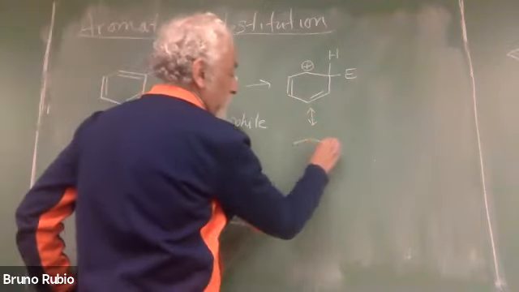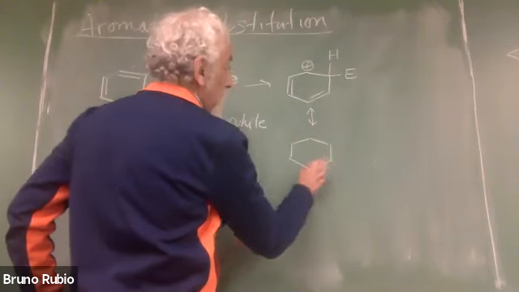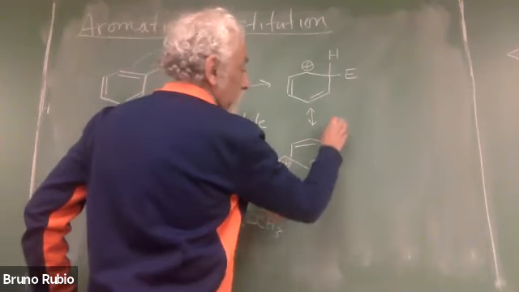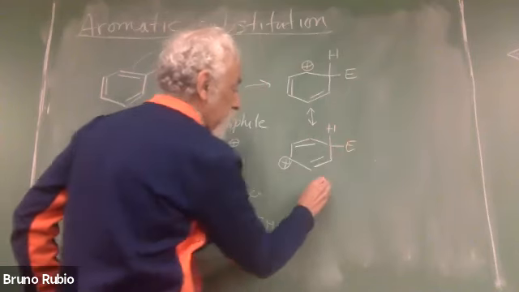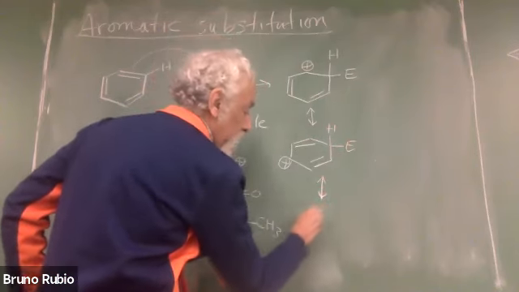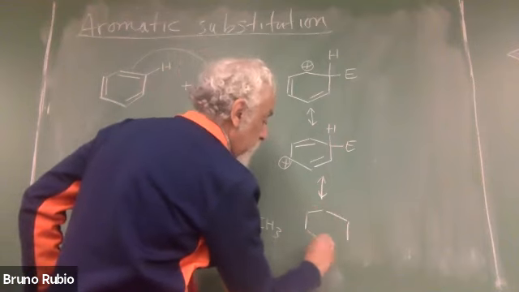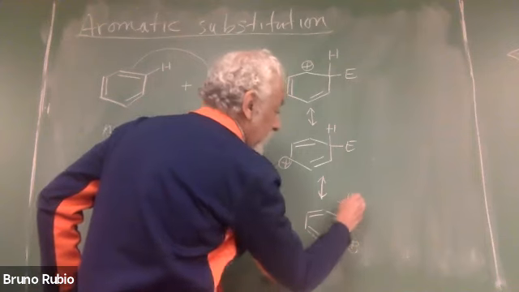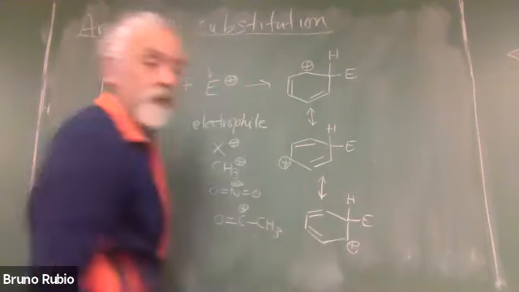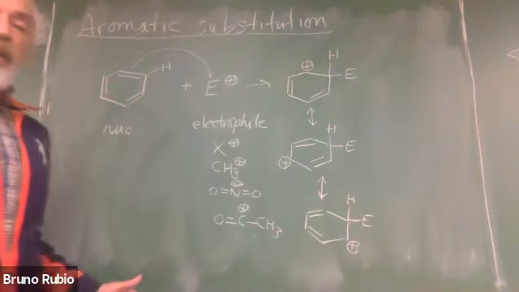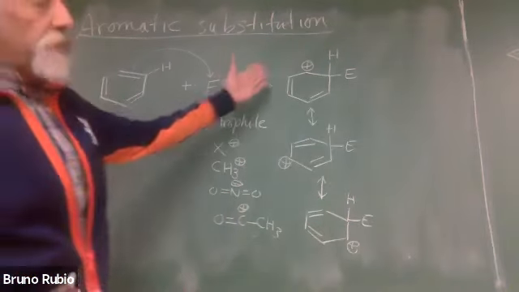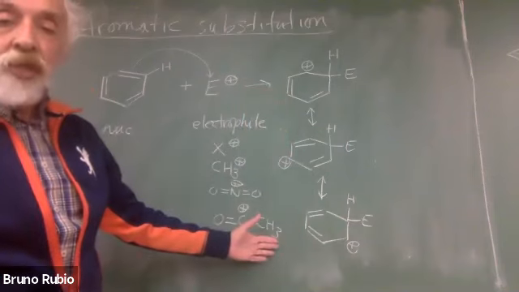So we would have another resonance form where we could push that double bond. And so there's another resonance form, and then we have a third resonance form where we're pushing that double bond, and we come out with that. Okay, so there are the 3 resonance forms. As I said, there's a minimum of 3, but sometimes there are more.